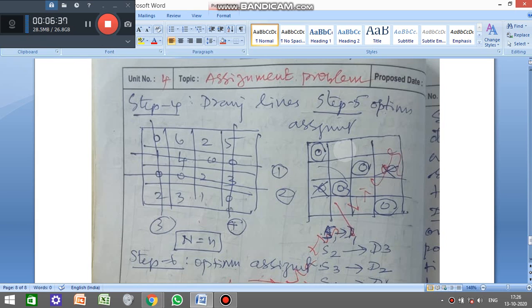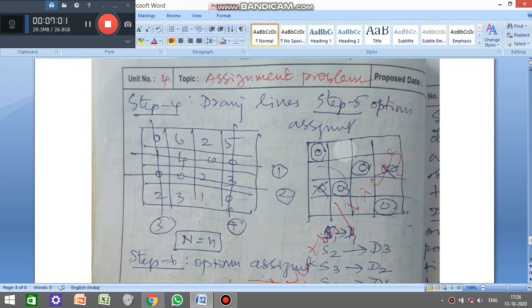We have to assign such that each row has only one assignment and each column also has only one assignment. Why? Because each salesman has to go to only one district, and one district should be assigned to only one salesman. That means each row should have only one assignment and each column should have only one assignment.